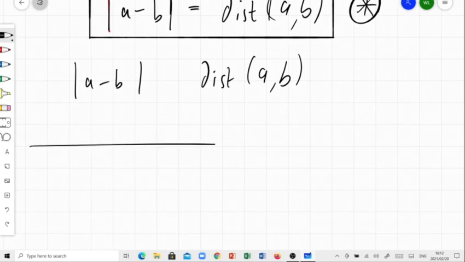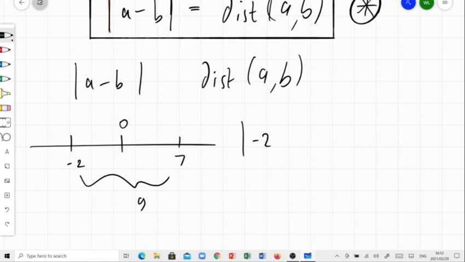Let's look at the numbers -2 and 7. Clearly the distance here is 9: 2 to the left and 7 to the right. So let's see if we do get 9. The absolute value of the difference, -2 minus 7, you see we have a difference of two numbers. Let's compute it algebraically.